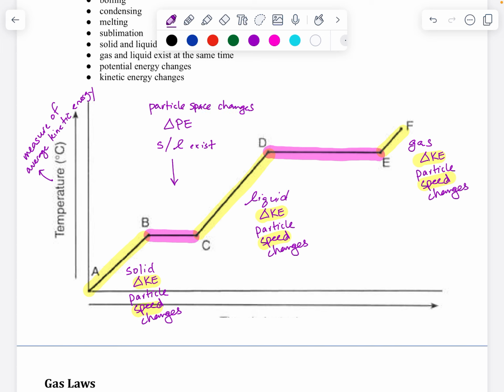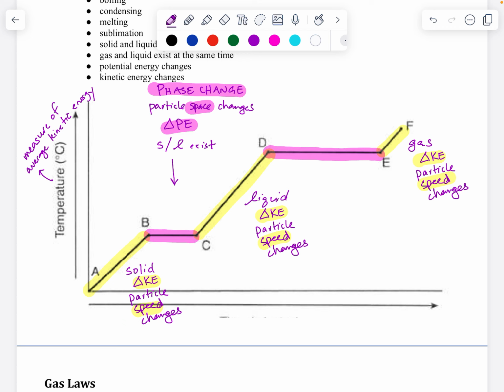Which means that instead of the particle speed changing, the particle space changes, right? And the idea is that this potential energy will weaken as this gets heated up and these particles move further and further away from each other. So this is again what we call a phase change, right? And we'll label exactly what those changes are here in a sec, but that's our nice little description there.